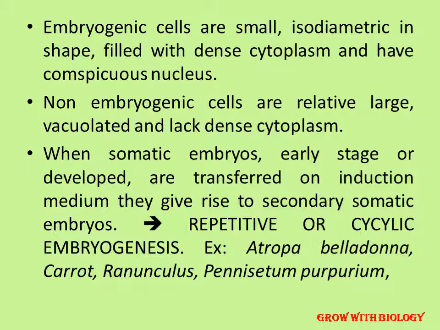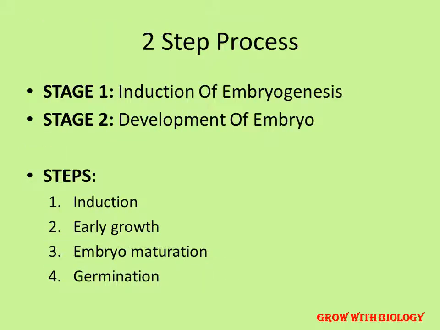So one somatic embryo gives rise to another somatic embryo. It is not differentiating for the growth of the plants, but it is diverted due to the presence of induction medium to generate secondary somatic embryos. This is known as repetitive or cyclic embryogenesis.